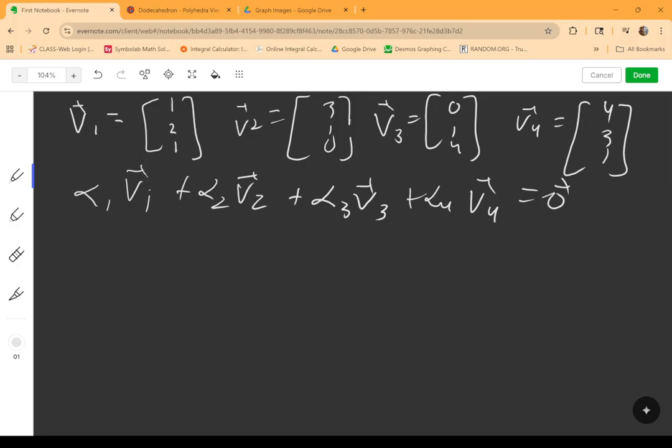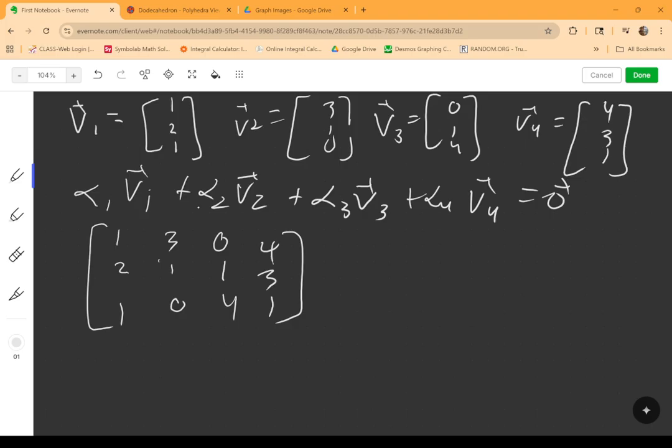Now, right away, if we set up our matrix, I know it's going to be linearly dependent. We're bounded by the number of pivots, which can only happen in 3 rows.